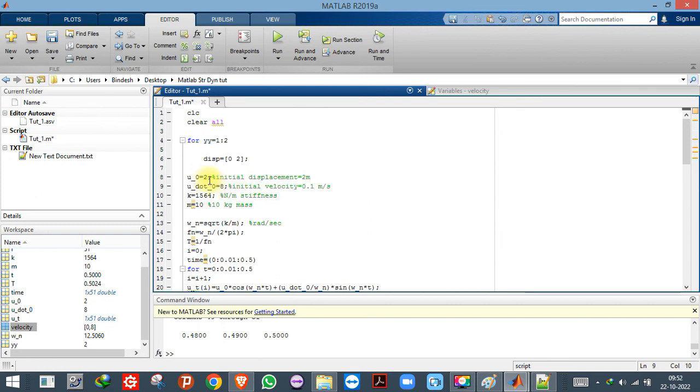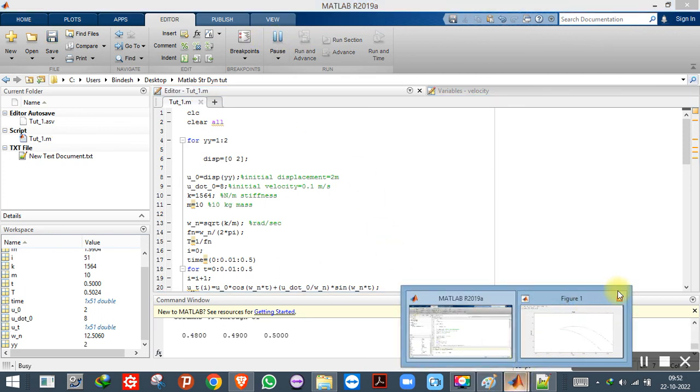I have now made the velocity constant, and to vary the displacement, I'll write displacement with yy in brackets. Just pay attention to what is happening. Initially it will take 0, then the displacement will be 2, but velocity is constant. So what will happen? Let us plot this.